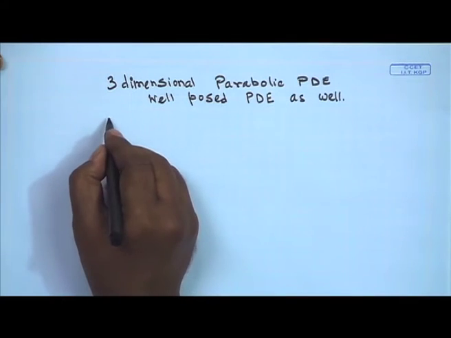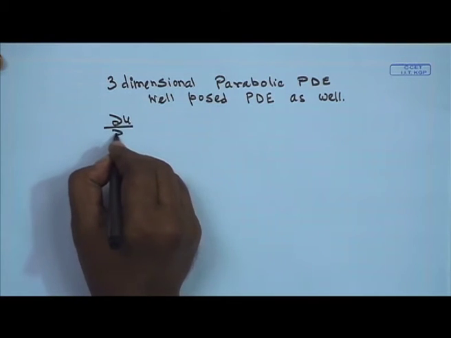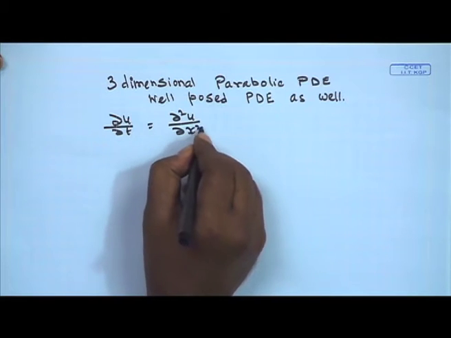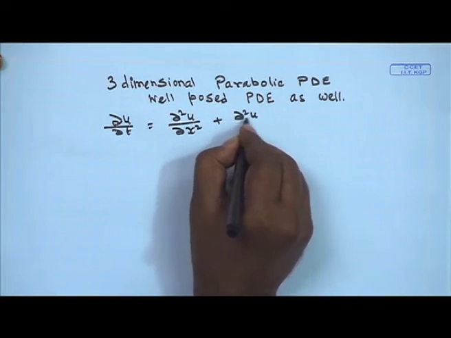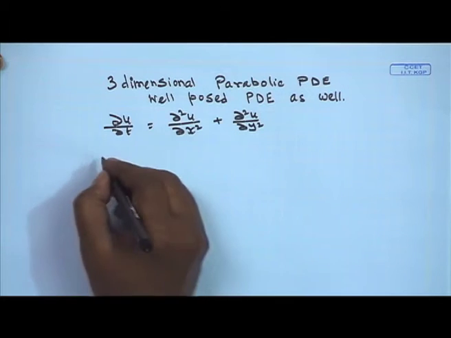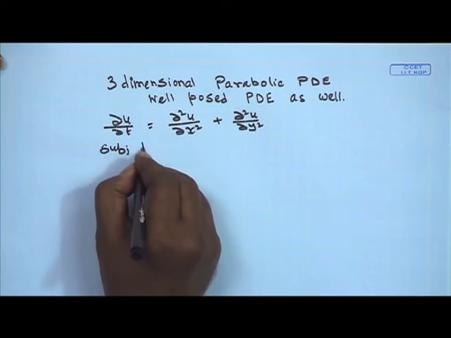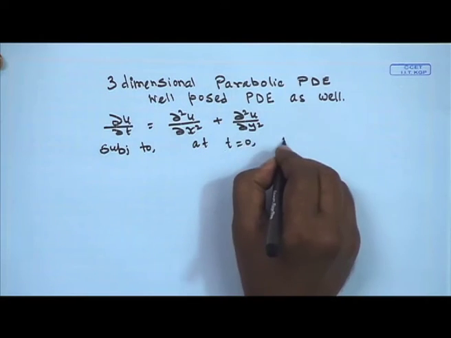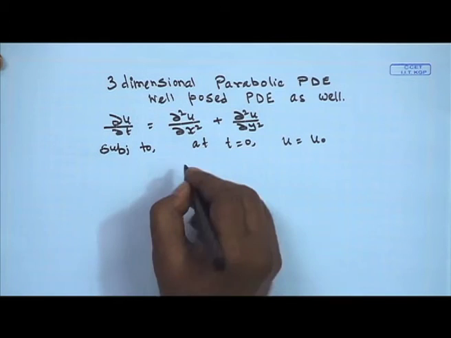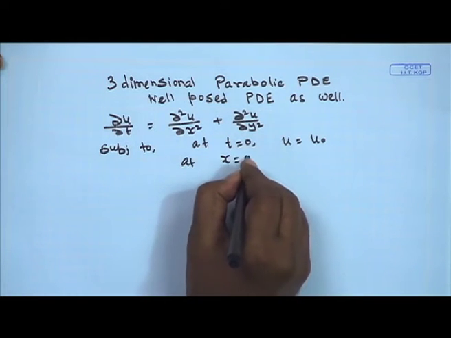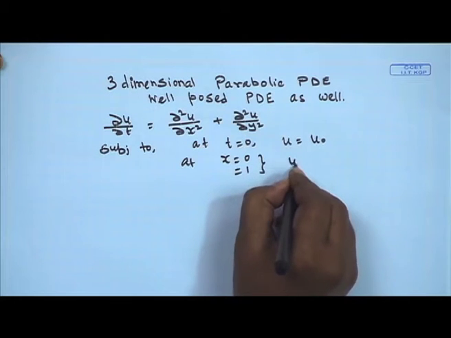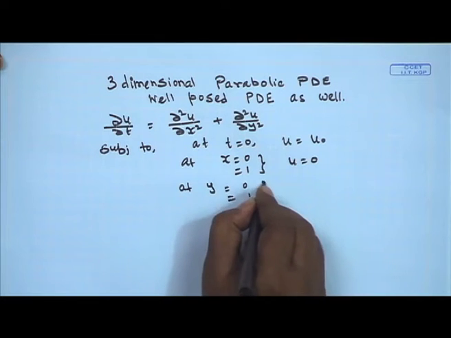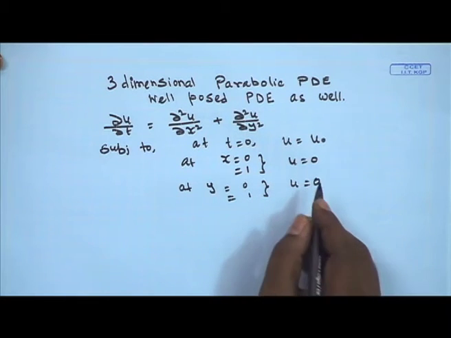Okay. So, the governing equation will be del u del t is equal to del square u del x square plus del square u del y square, subject to: at t is equal to 0, we have u is equal to u naught; at x is equal to 0 and 1, u is equal to 0; at y is equal to 0 and 1, u is equal to 0.